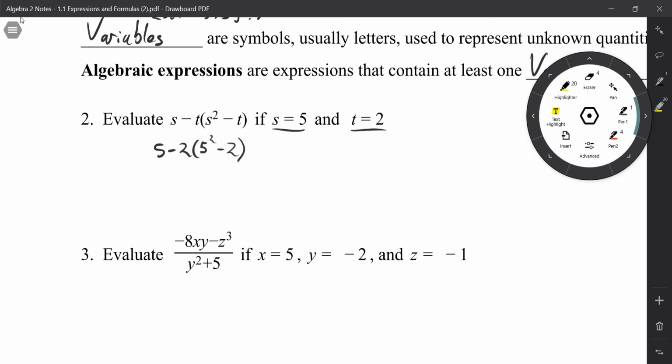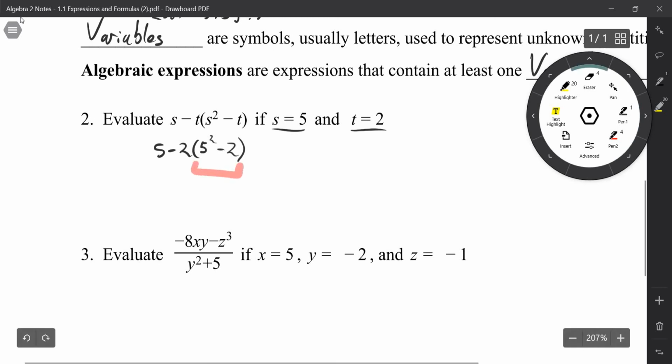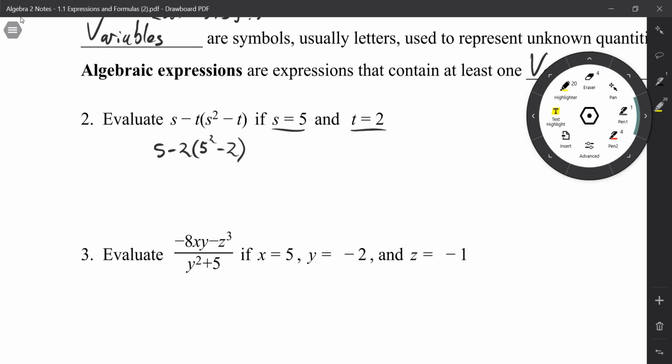And that's it. We've done all the substitution we need. So let's deal with this first, this parenthesis here. Within this parenthesis, we do have an exponent. So that's 5 squared is 25 minus 2. We'll keep that in a parenthesis there. Bring everything else down. 25 minus 2, that would be the next step here.